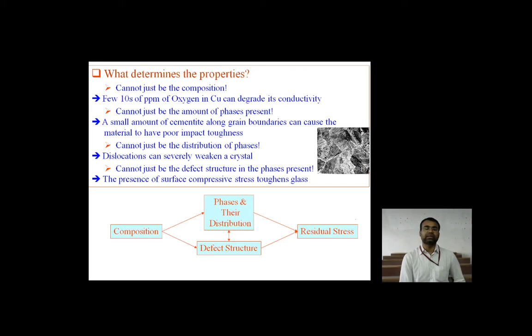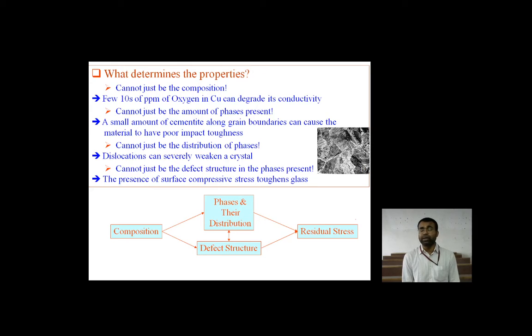Dislocations can severely weaken a crystal structure, obviously. So it cannot be just the defect structure in the phases present. Compressive stress, for example, toughens glass. So these are the things we need to consider.